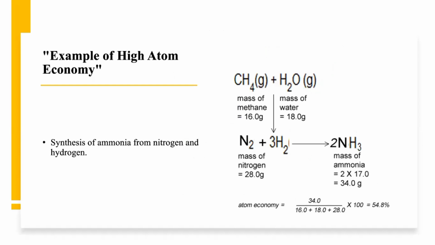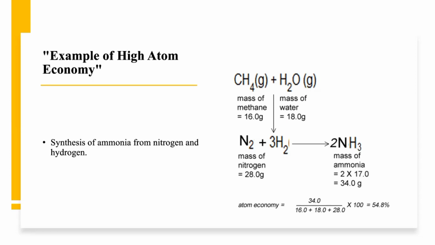Here is an example of high atom economy. It is the synthesis of ammonia from nitrogen and hydrogen. By the reaction of methane and water, we get nitrogen and 3 molecules of hydrogen. We calculate the mass of nitrogen and the mass of ammonia.